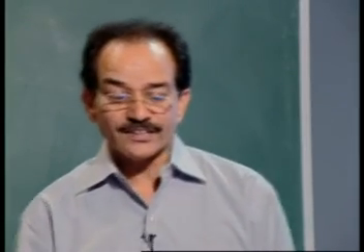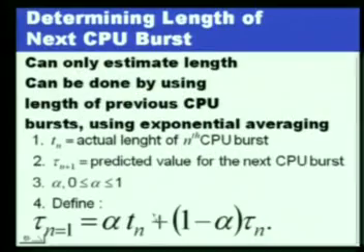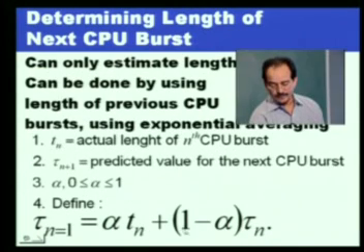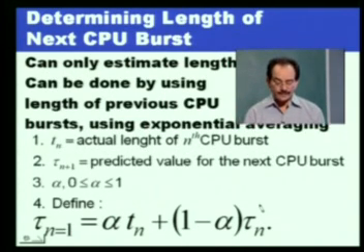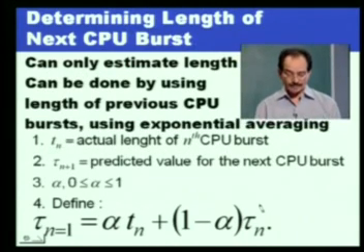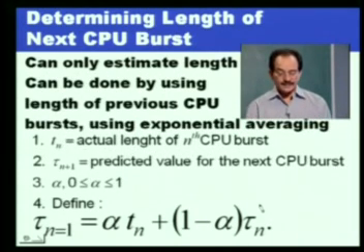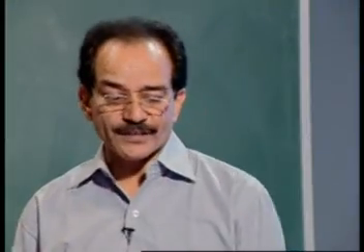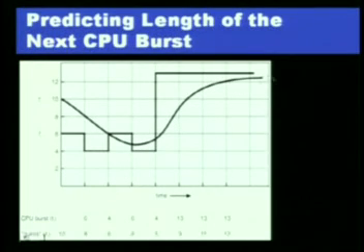Now, there are certain estimate formulas through which we can do this. One of them is this: the next burst time, Tn plus 1, equals alpha multiplied by Tn plus 1 minus alpha multiplied by tau n, where alpha is some constant which has a value between 0 and 1, and Tn is the actual length of the nth CPU burst. This is what we call finding out the length of the next CPU burst, or there are prediction methods also through which I can predict the next values for the CPU burst.